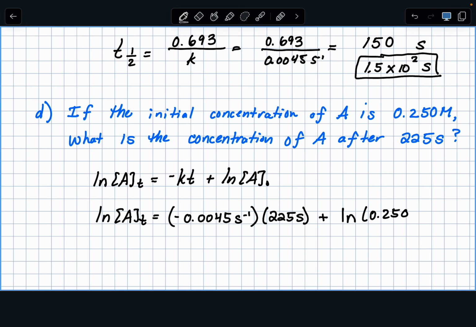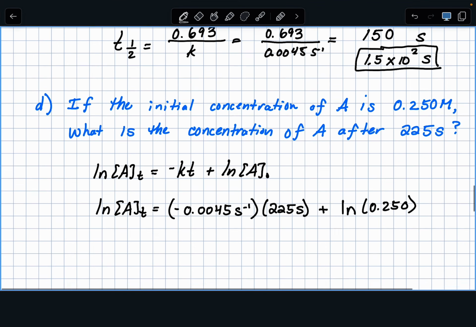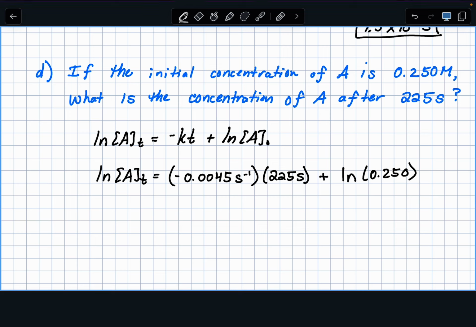Now, for the sake of time in this video, I'm not going to solve for anything but the final answer here. So with a calculator, we're going to need to know what this all equals. And after that's done, we're going to take e to the natural log, which will then cancel.